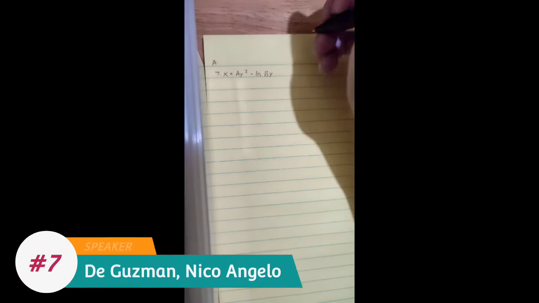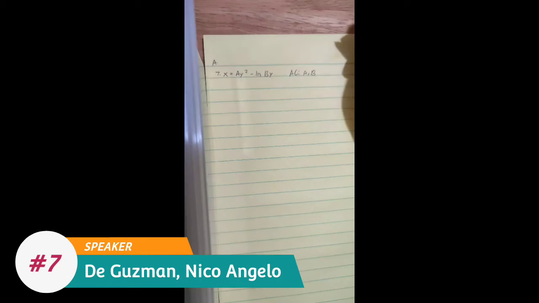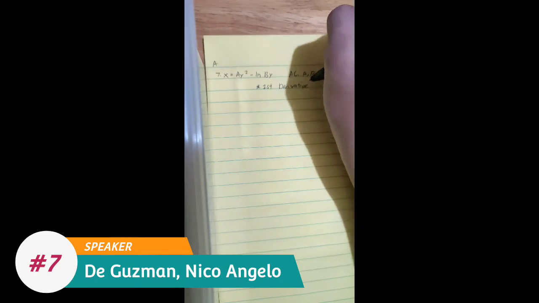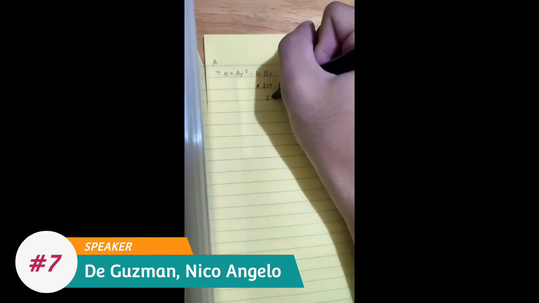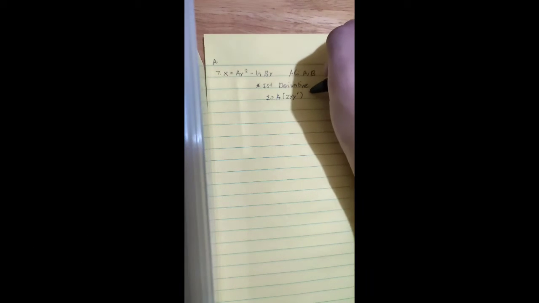So the arbitrary constants are a and b. So the first derivative is 1 is equal to a times 2yy prime minus y prime over y. So we need to multiply both sides by y, so we can remove the denominator y.